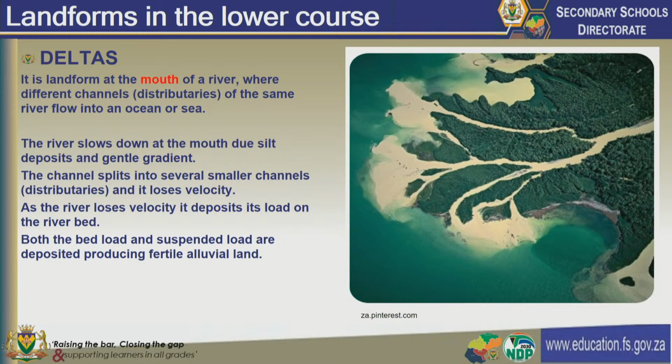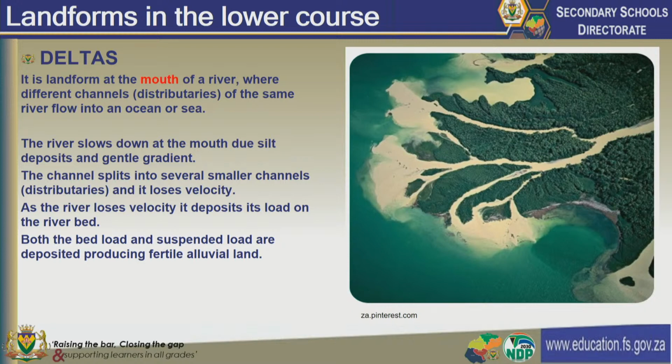You notice that the river is flowing into the ocean, and as it flows, it has divided into many channels. Those different channels, distributaries again, we call them deltas. It is a landform that you find at the mouth of a river where different channels of the same river flow into an ocean or sea.